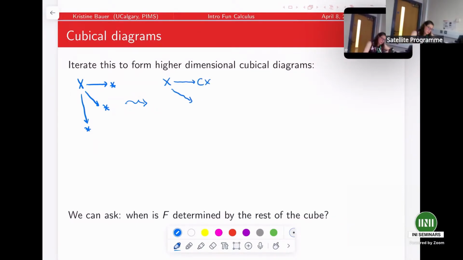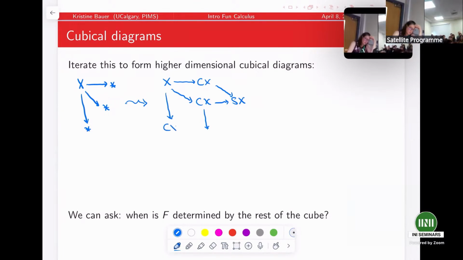What I'd like to do is make sure that I push out along any 2 maps at once. So every face of the cube that I'm building will be a homotopy pushout. I forgot to put a cone here. There it is. Okay, there's one back there that I've not put in a good place. We'll just move this over a little.